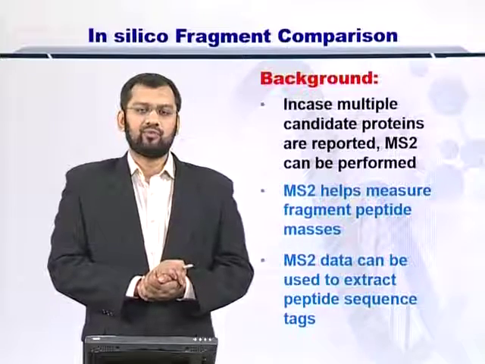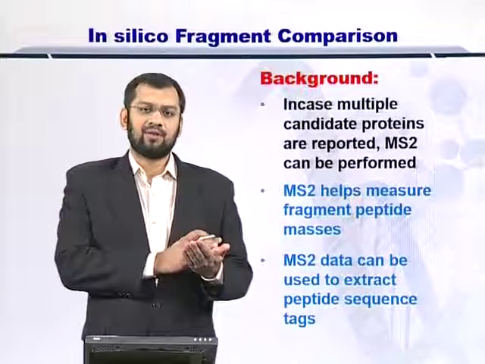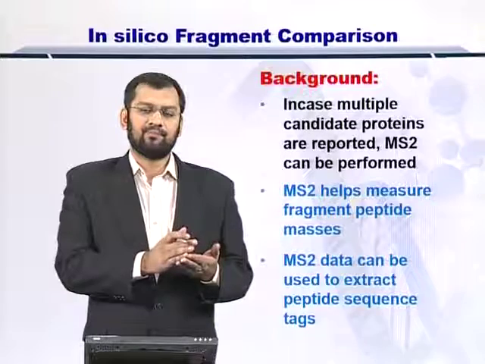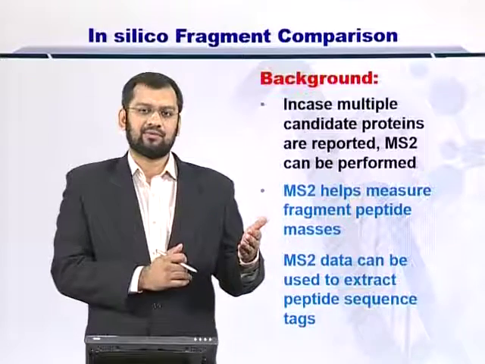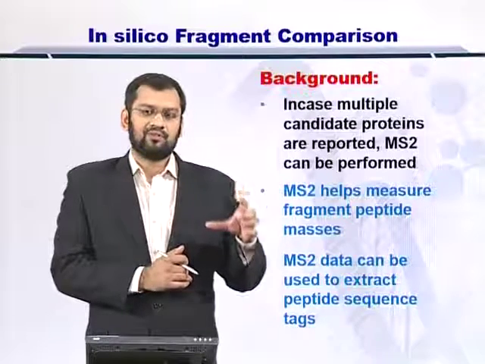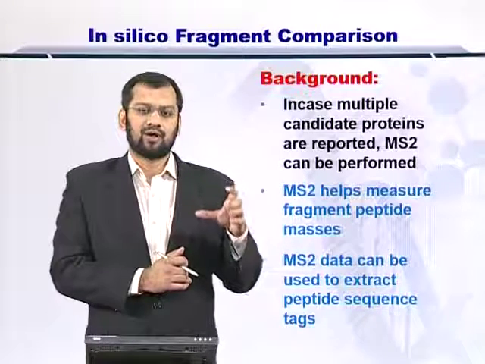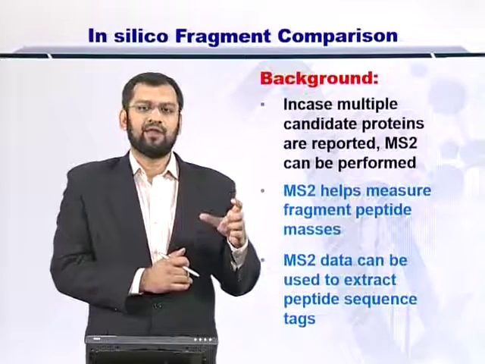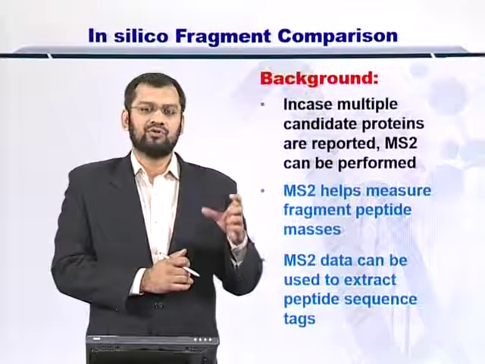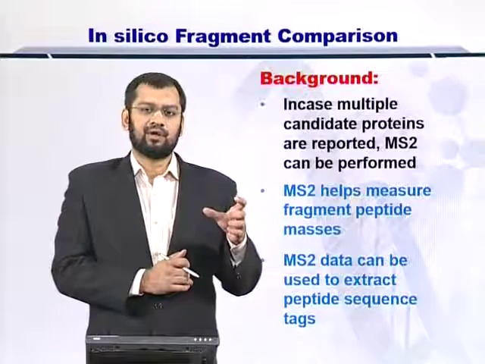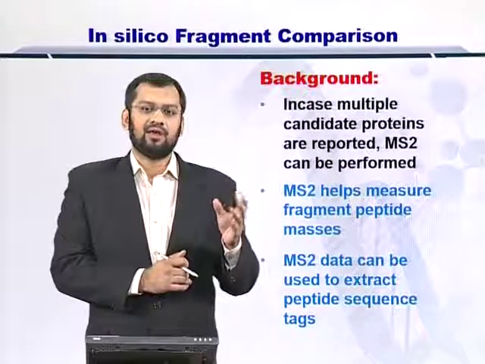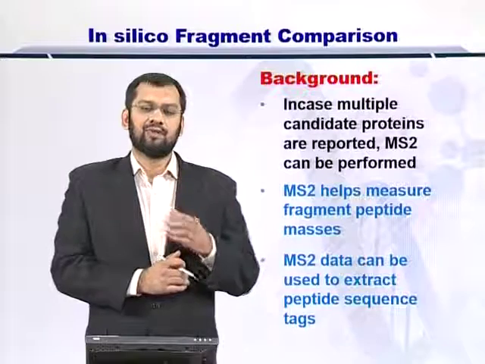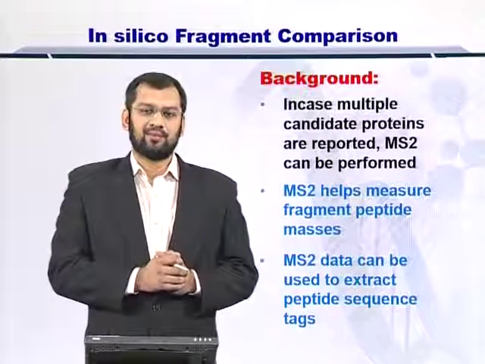In MS2, what you do is you fragment the intact molecule and then you have the fragments' molecular weights. So given this list of MS2 fragment molecular weights, you can compare each of these peaks that is reported with the molecular weights of amino acids and see if there are some consecutive peaks that are reported in the experiment.